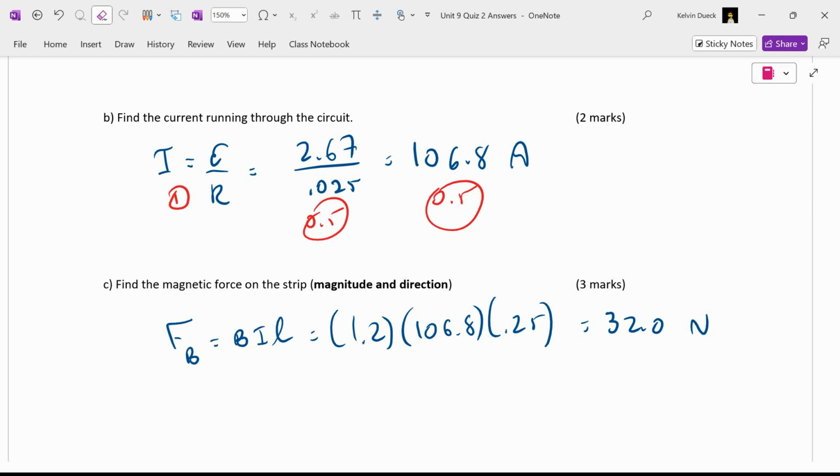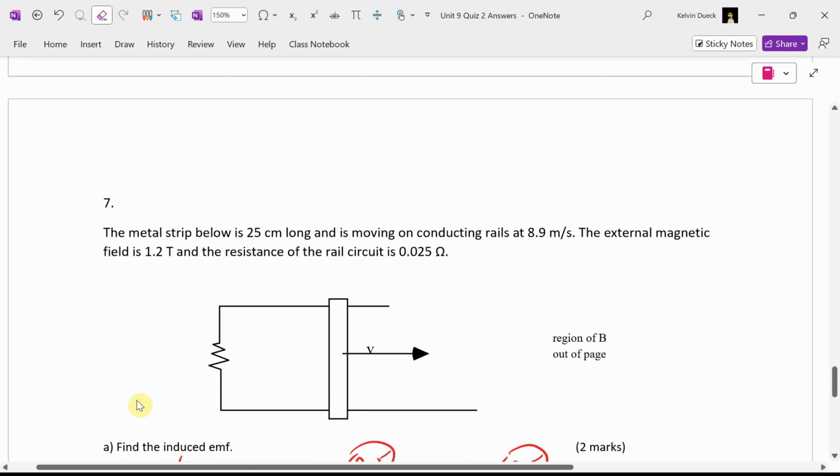Now, what's the direction? Let's see. Here's my proton originally. Originally, it's moving to the right. Which way will that proton feel a force if the field is out of the page? To the right, out of the page, it'll originally feel a force down, but now the proton is also moving down the page.